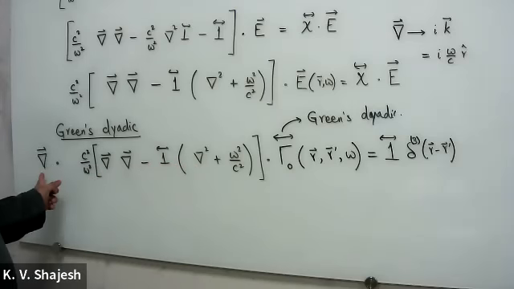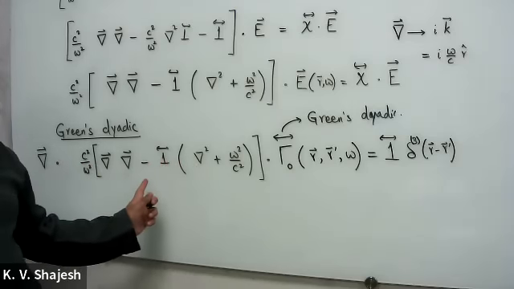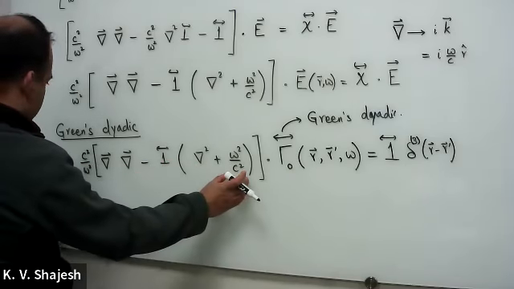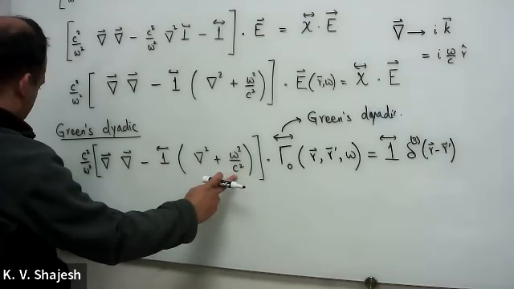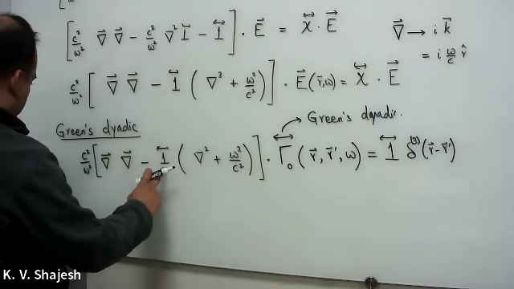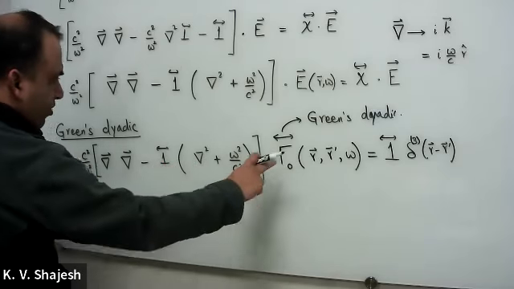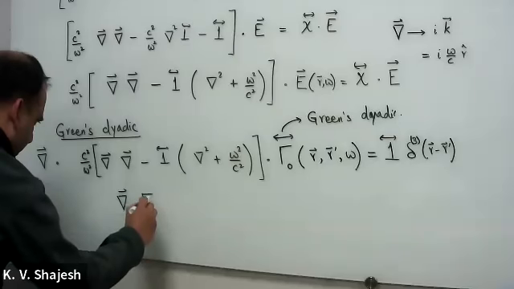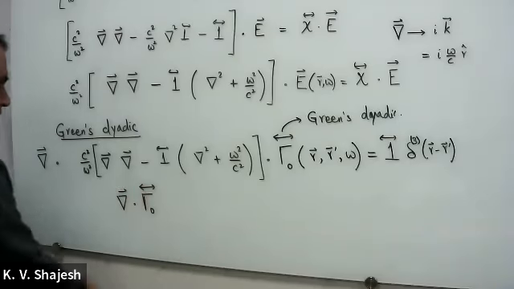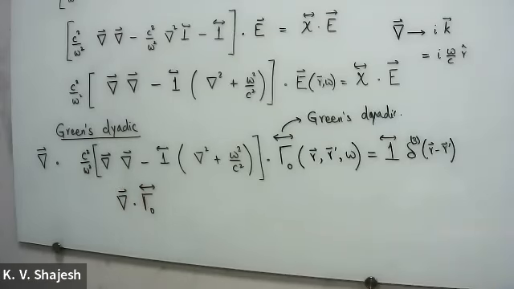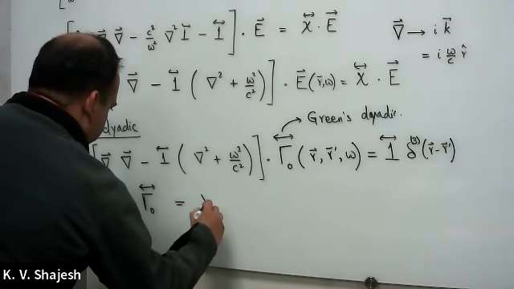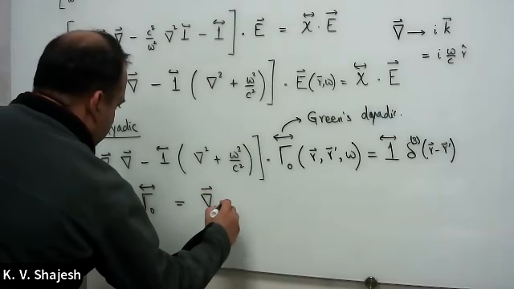Right? If I take this, these two terms cancel out. And if those two terms cancel out, there is only this piece contributing. Omega square cancels out. This is 1. So it's the divergence of the Green's dyadic is equal to the divergence of the delta function.